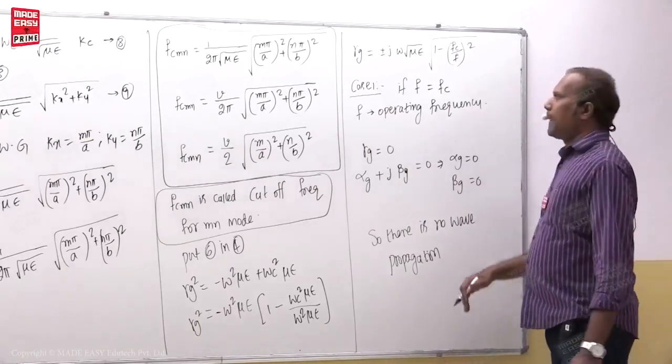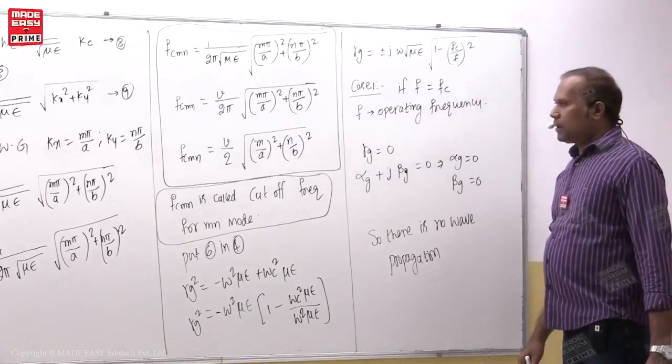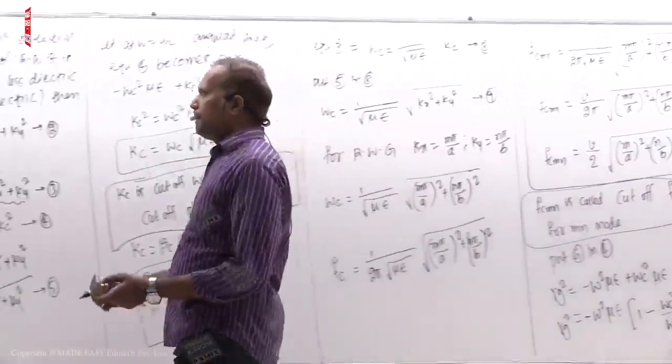Next, students, f less than fc we will put. I will write that as case 2. Case 2, students.